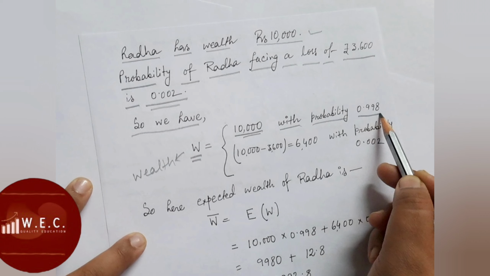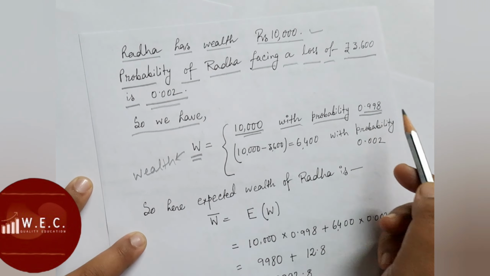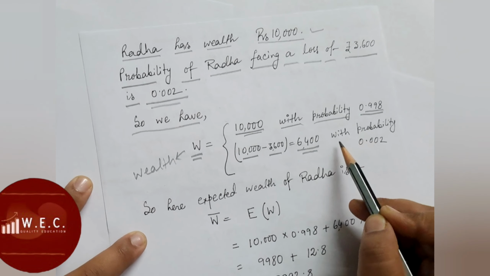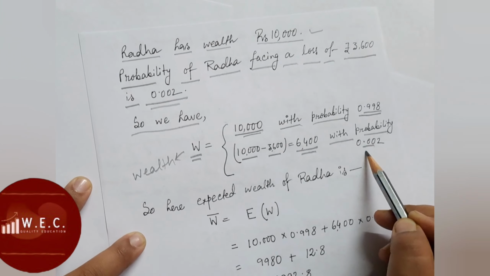As 0.002 is the probability of loss, so 1 minus 0.002, that is equals to 0.998, is the probability of no loss. Now 10,000 minus 3,600 equals to 6,400 is the wealth with probability 0.002. That is, this is the wealth Radha may have after loss with the probability 0.002.